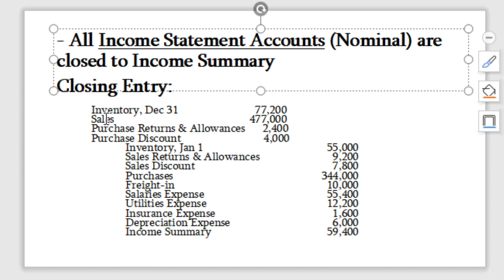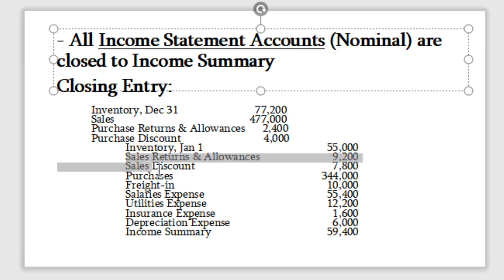Next is yung sales. Since sales is credit yung kanyang normal balance, para ma-close yan, i-debit natin siya. The same with the purchase returns and allowances and purchase discounts. Credit ang normal balance nito, kaya i-debit natin para ma-zero out siya sa ating posting. Next is the inventory beginning. Tatanggalin natin 55,000.